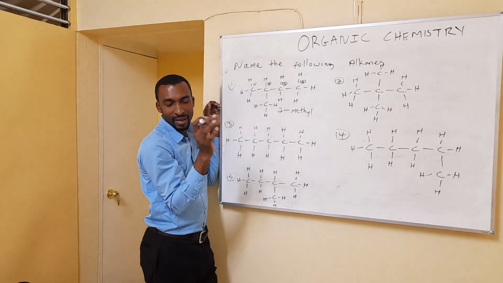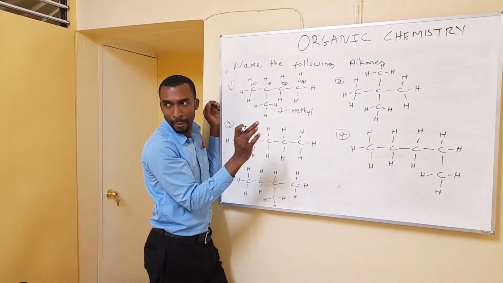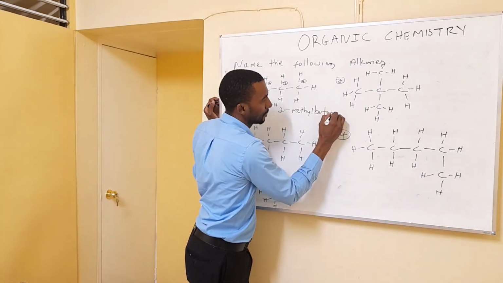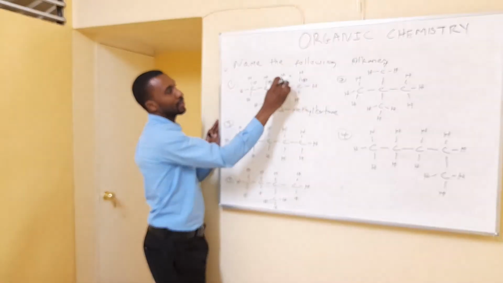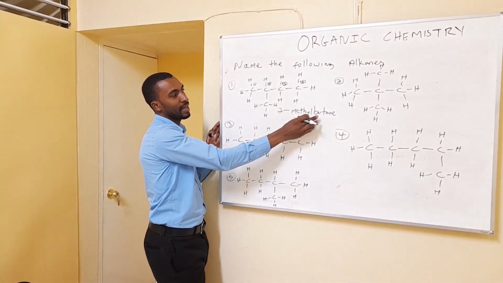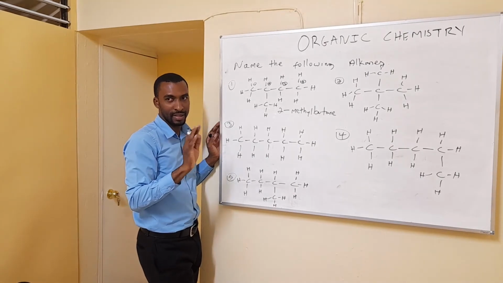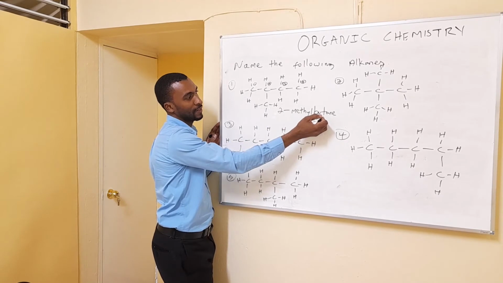An alkane with 4 carbon atoms is called butane. If you label it 1, 2, 3, 4 and put 3-methylbutane, it would be incorrect. The correct name is 2-methylbutane.